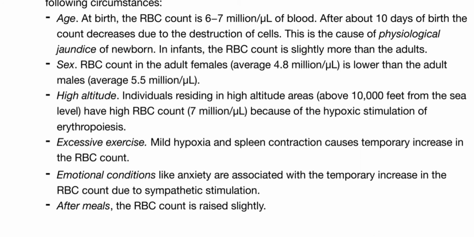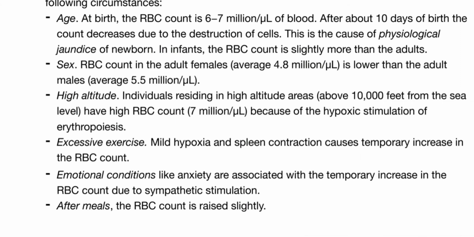At high altitudes, individuals residing in high altitude areas above 10,000 feet from the sea level have high RBC count, that is 7 million per microliter, because of hypoxic stimulation of erythropoiesis. So people living in high altitudes have higher RBC count.